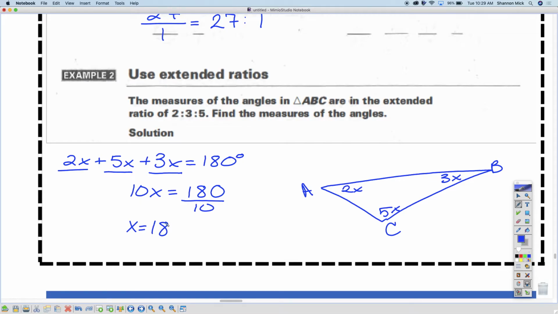So what are my angles then? You have to put 18 in for x. 18 times 2 is 36 degrees. And then 18 times 3: 3 times 8 is 24, carry 2, so 54 degrees.